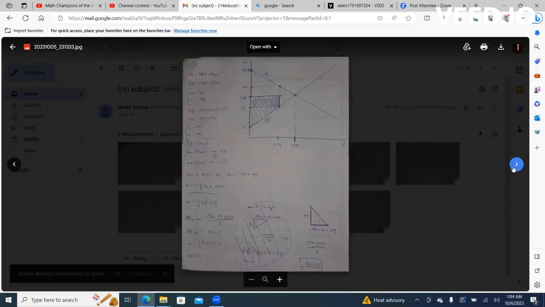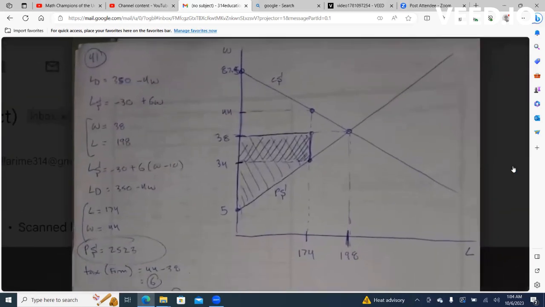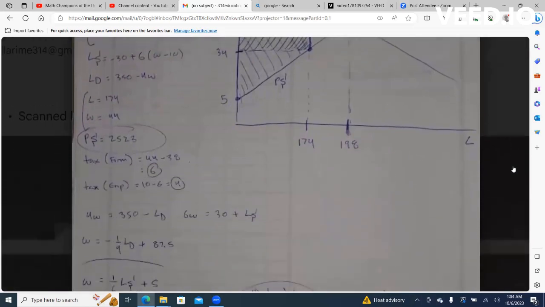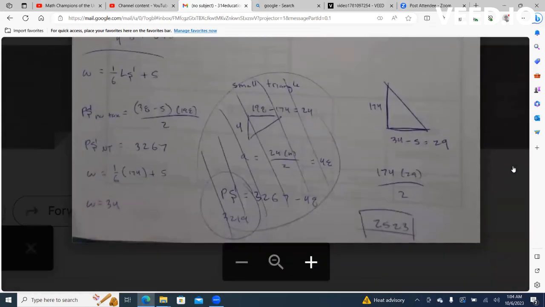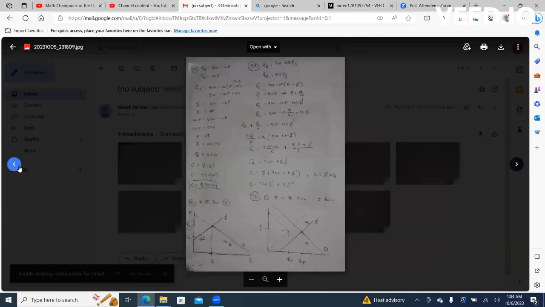Number 41 is quite the doozy. They just look big because we have to do the supply and demand graph, but it's all just graphing y equals mx plus b. So in the end, maybe some very easy stuff. That's 41.